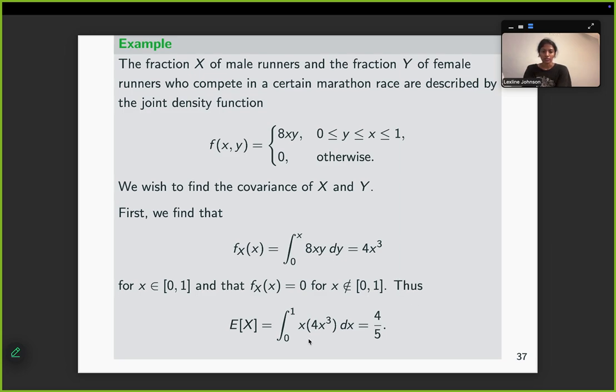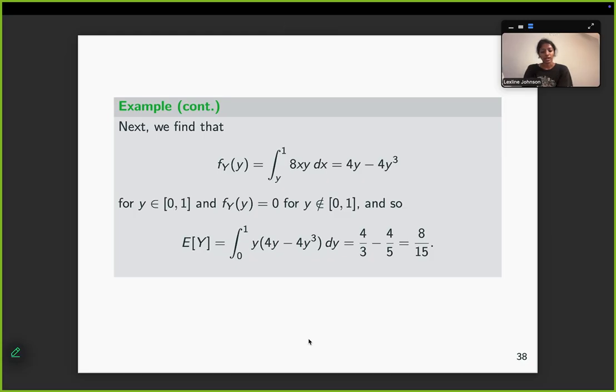We take our 4x^3, multiply it by x, and find the integral from 0 to 1. When we solve for that, we get 4/5. Next we need to find our marginal distribution of Y. We do the same thing except with Y. We take 8xy and integrate from y to 1, with respect to x this time.